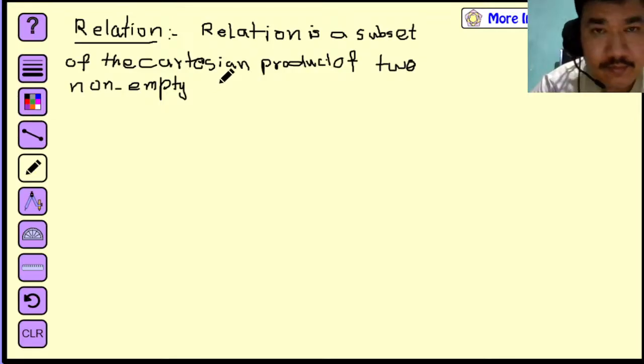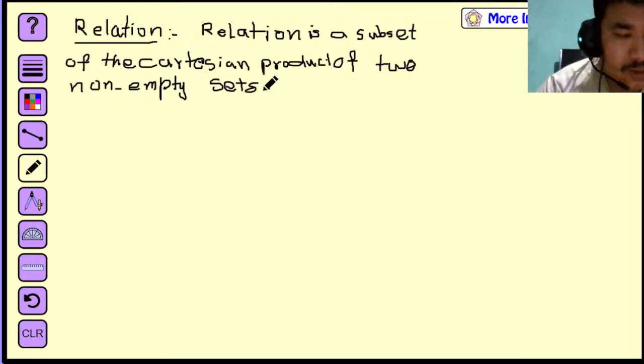You have to write it, and it will be written like this.